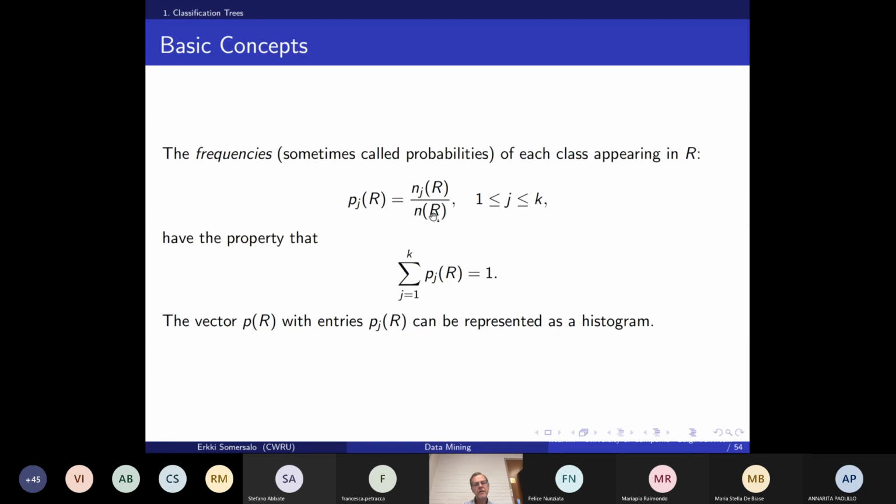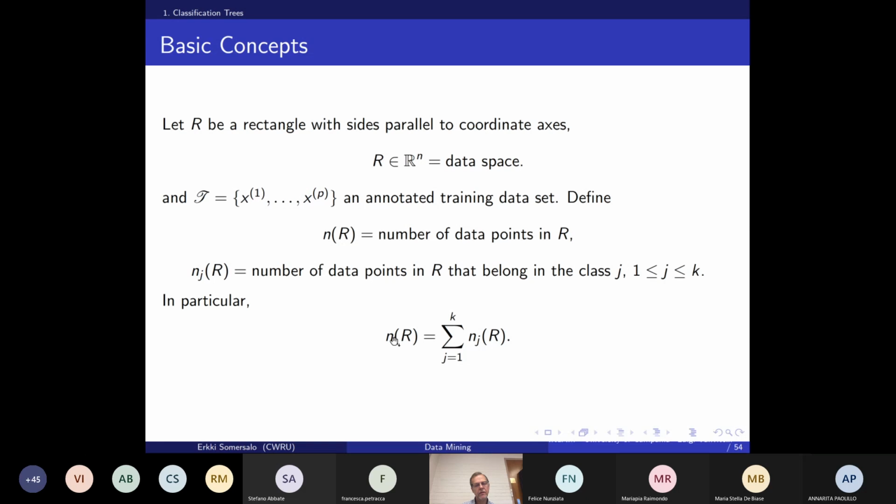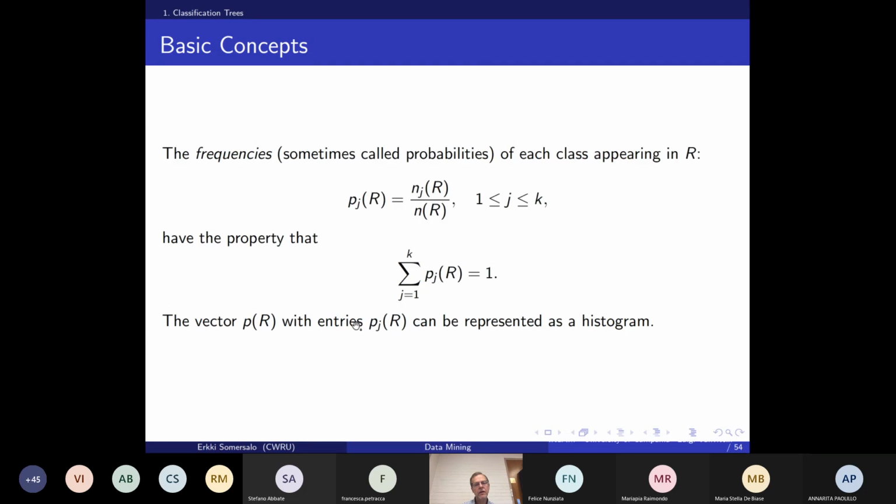So if you have 1/2 and 1/2 in two classes, then these pj's are both 1/2. And the probabilities, or frequencies, sum up to 1, because we got this ratio by dividing the equation by n. In my notes I'm using the word frequency, but if you prefer probability, that's fine too.